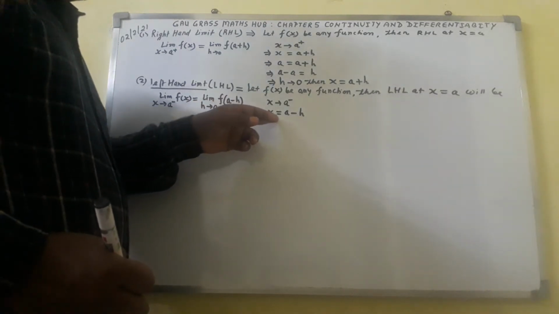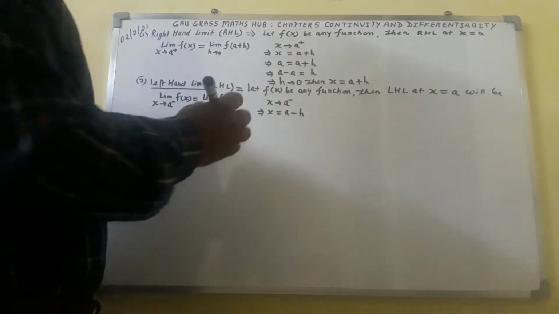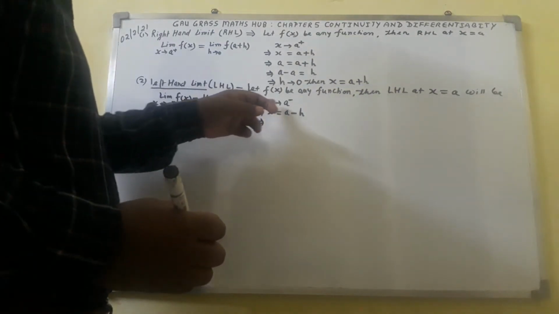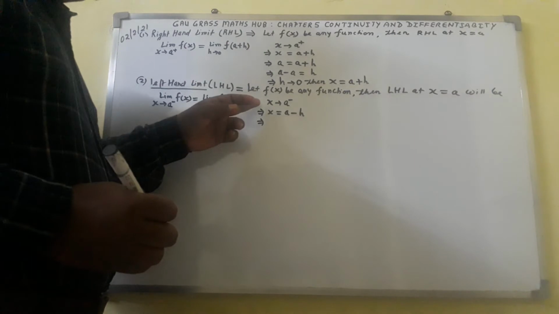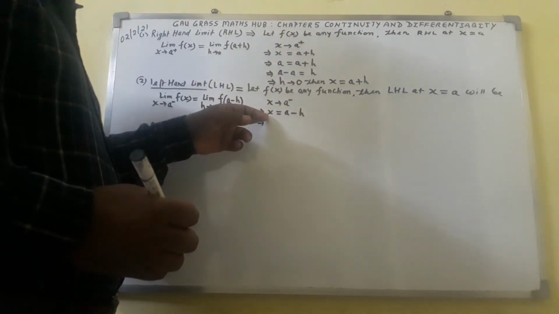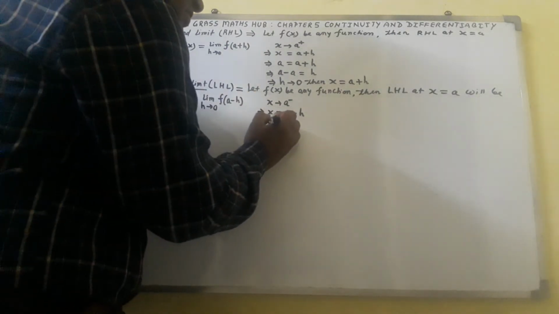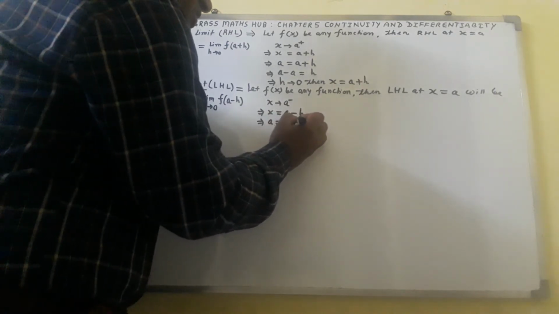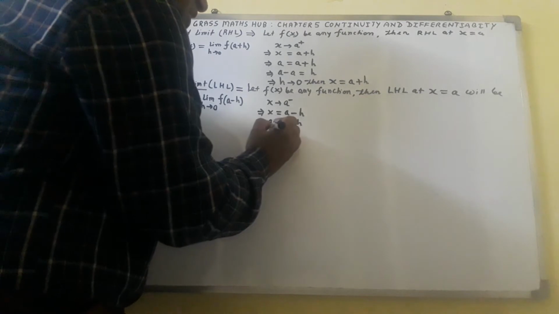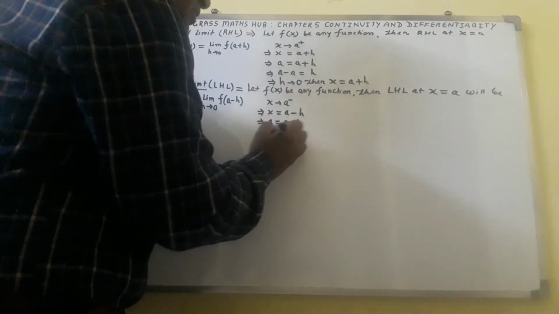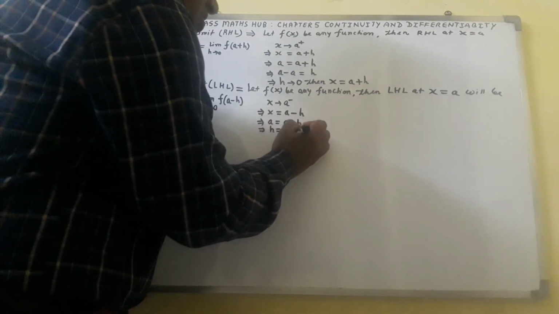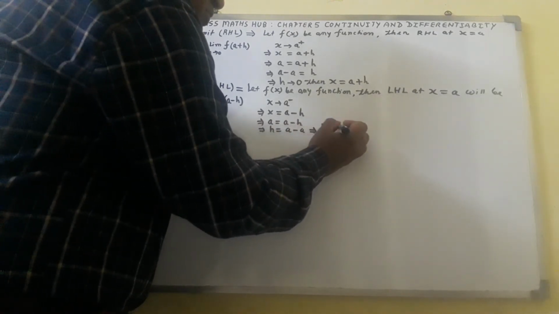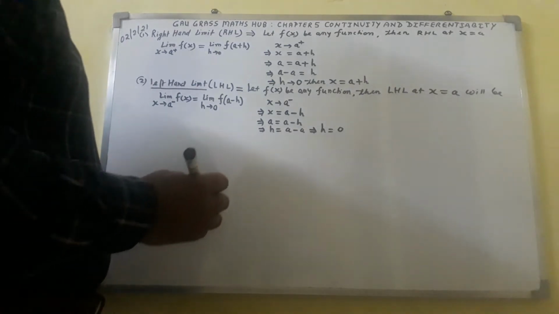Imply that x equal to a minus h will be written. Here x tends a means that x equal to a. In place of x, I shall write a equal to a minus h. So h equal to a minus a comes out to be 0.